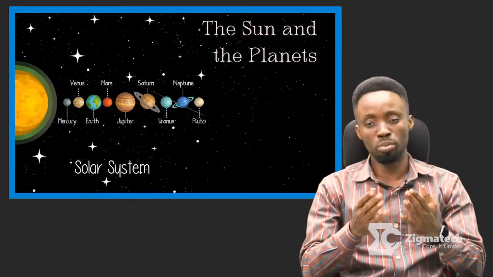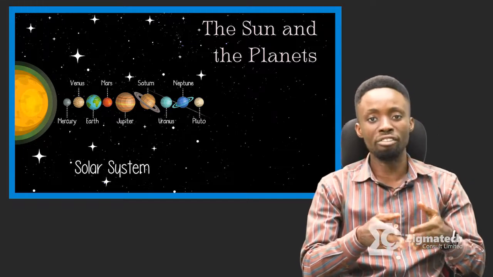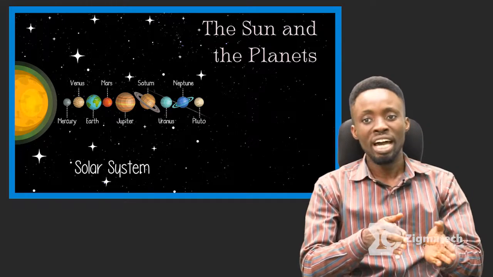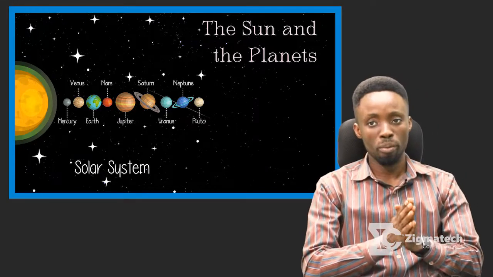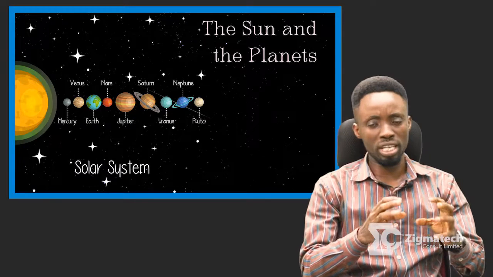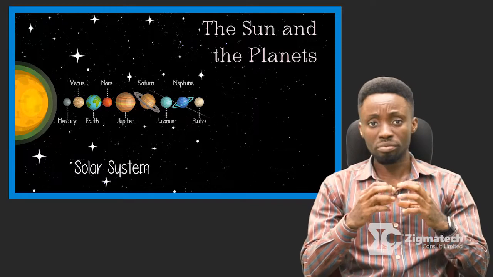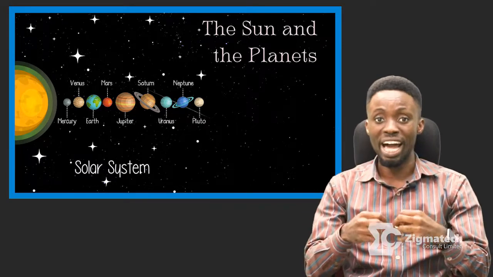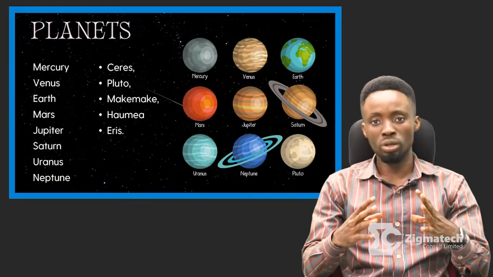And before we get to planets like Jupiter, Saturn, Uranus, Neptune, or Pluto, we have the asteroid belt. And after Pluto, we have the Kuiper belt. So these celestial objects are actually the planets we have in our solar system. So let's take a look at it.